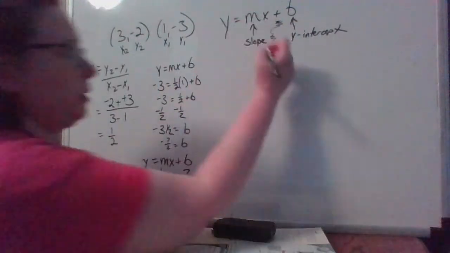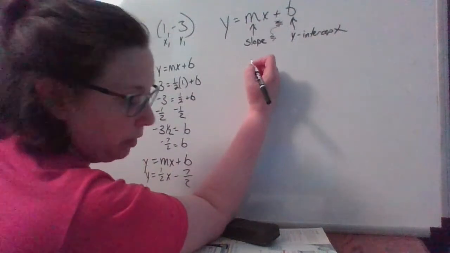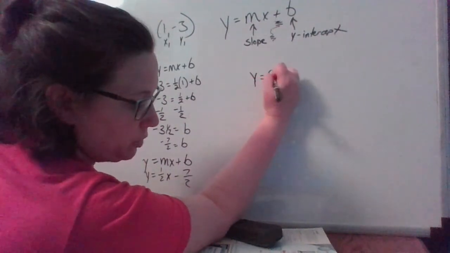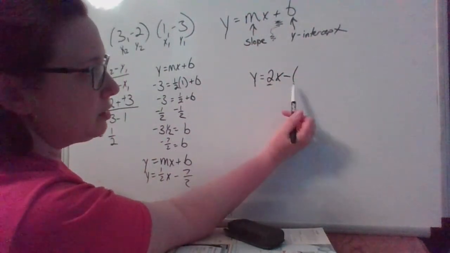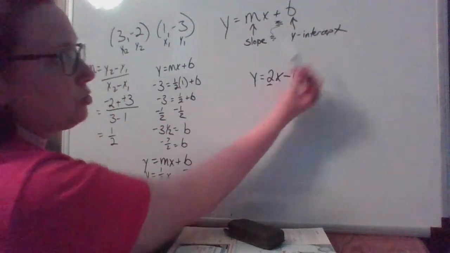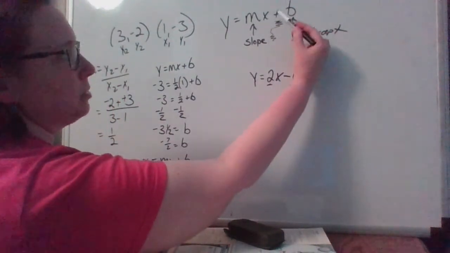So the cool thing about these, and I'm on page 334 now with problem 5, is that if our equation is in slope-intercept form, we can look at this and pull out our slope and our y-intercept. Just remember that slope-intercept form has a plus here.